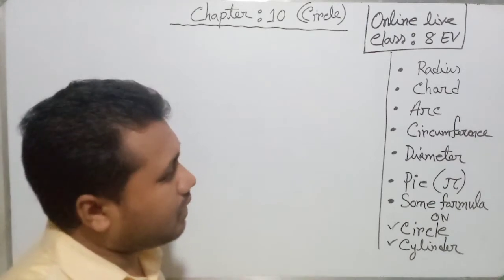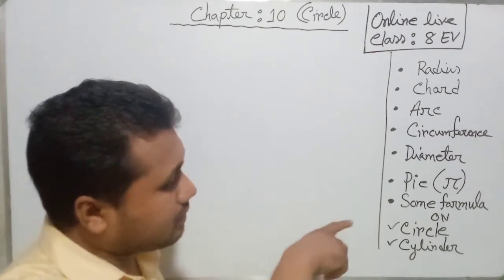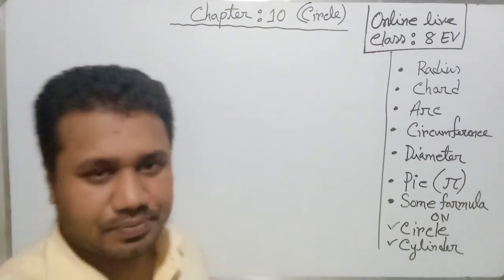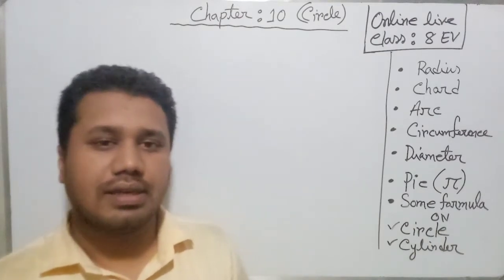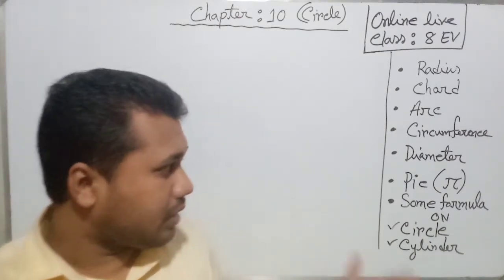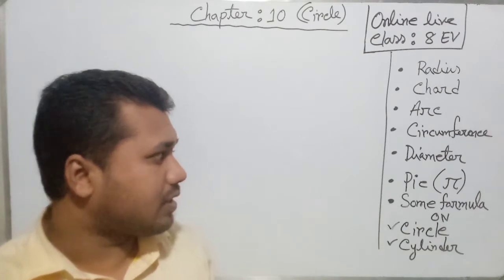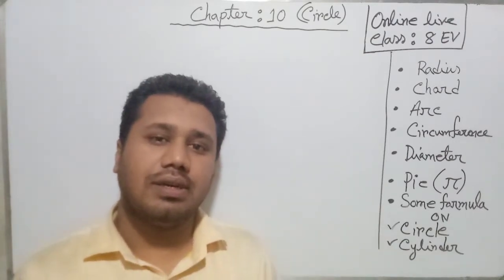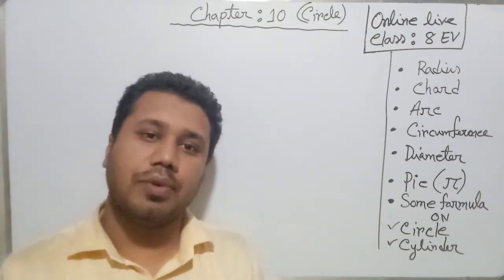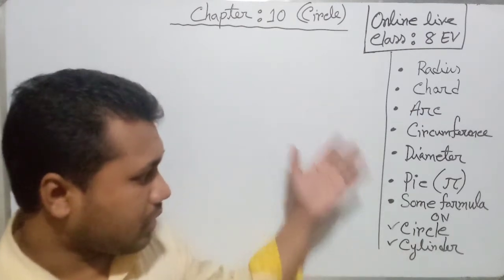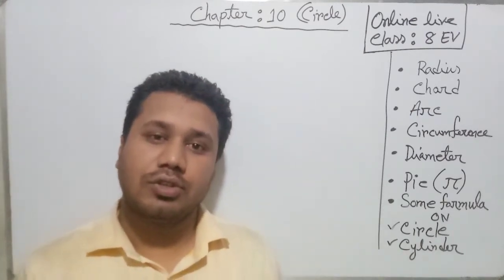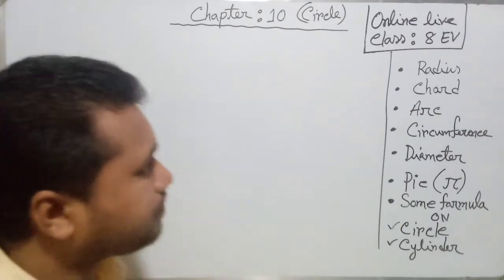You will be able to know what pi is and some formulas on circle and cylinder. You will get these topics in chapter 10, exercises 10.1, 10.2 and 10.3. So dear students, we can start.